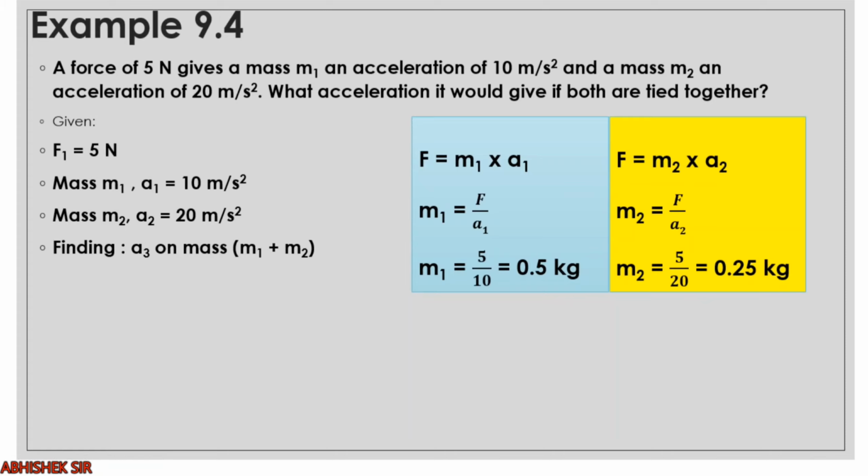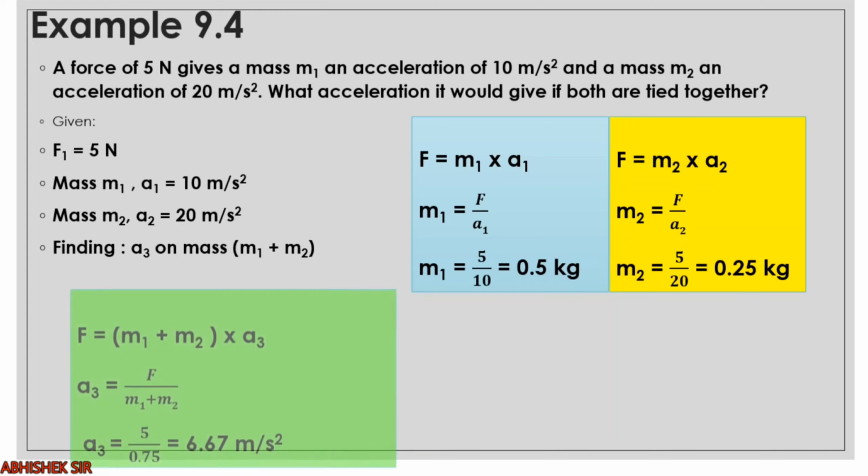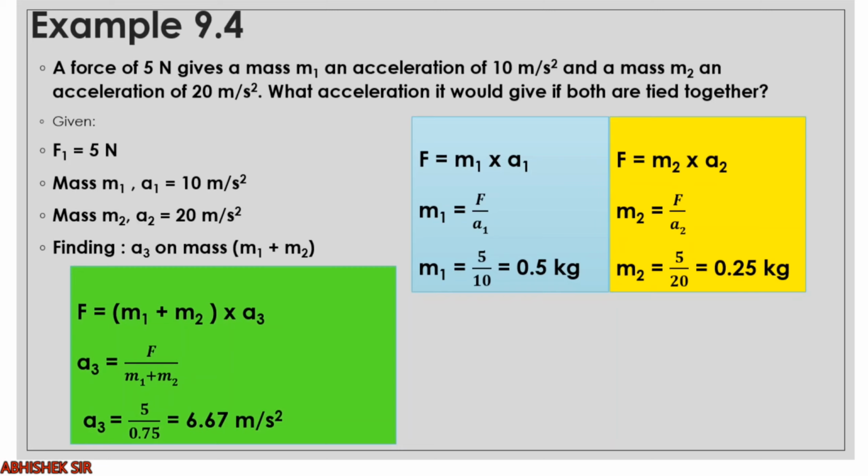So now almost we are getting the answer. M1 we have found, M2 we have found. Now we have to add both these masses and then find the acceleration. So now our answer will be F equals M1 plus M2 into A3. Remember, we are finding A3.